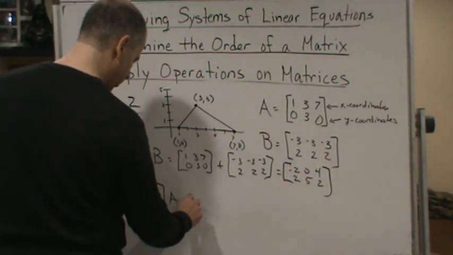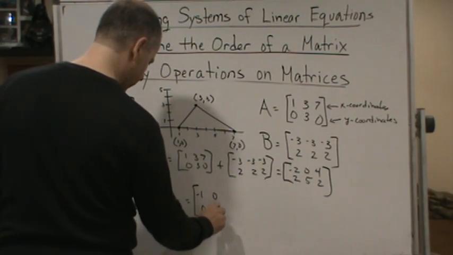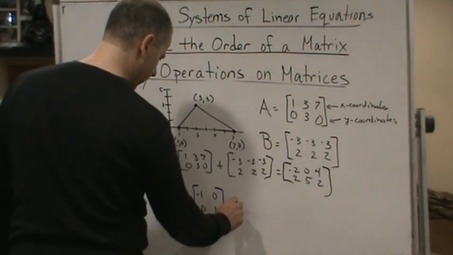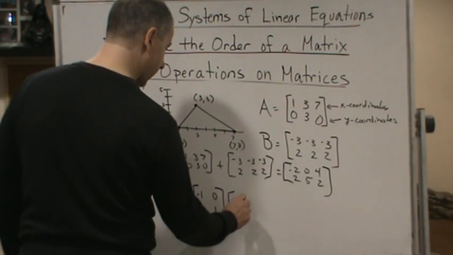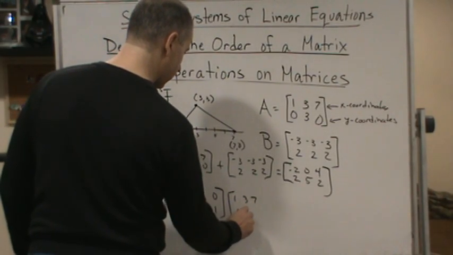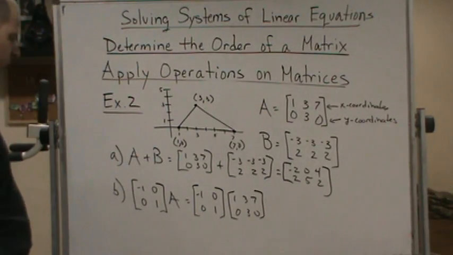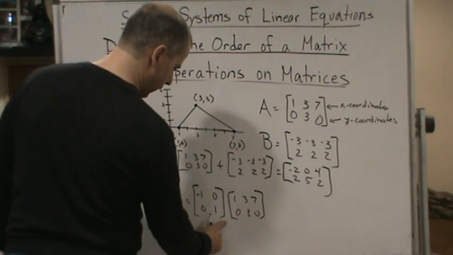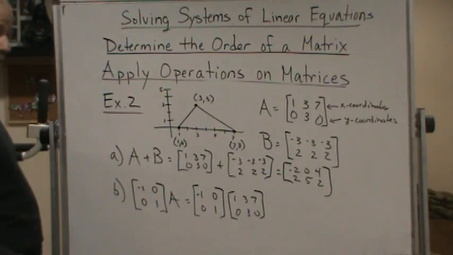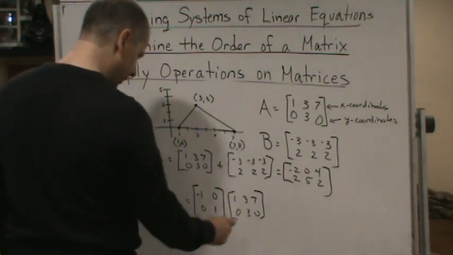Okay? So if we do that, that's going to be -1, 0, 0, 1 times 1, 3, 7, 0, 3, 0. Notice that this is a 2 by 2 and a 2 by 3, so the dimensions match, right? So we can do this.